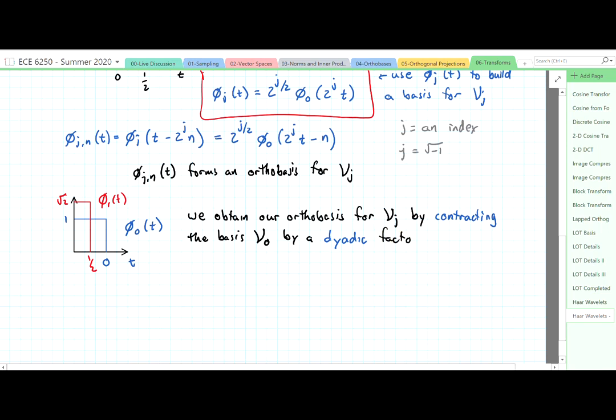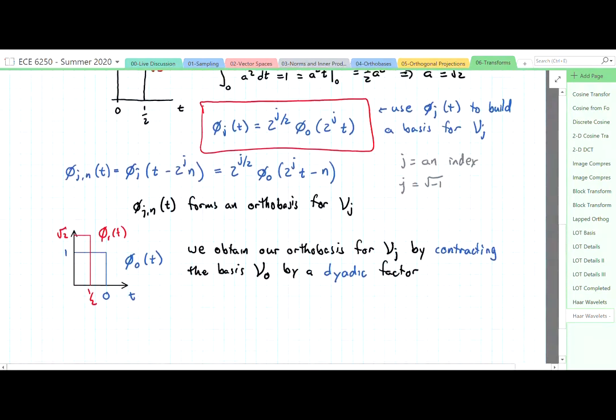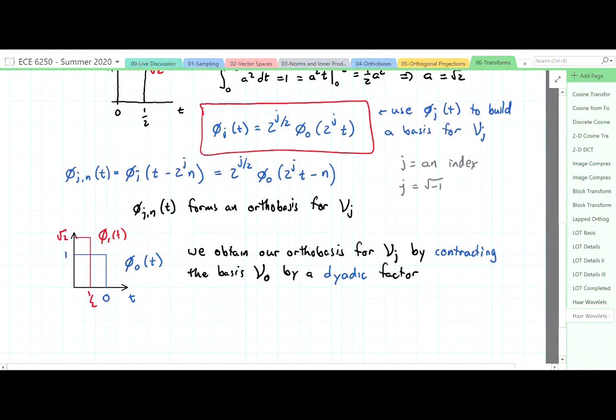So you'll see the word dyadic showing up in reference to wavelets, and it's talking about the fact that you start with something at one scale and you continually rescale it by this factor to get bases for finer and finer scales.